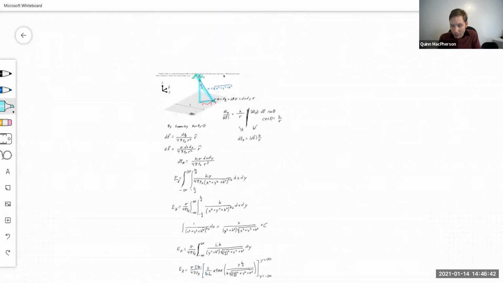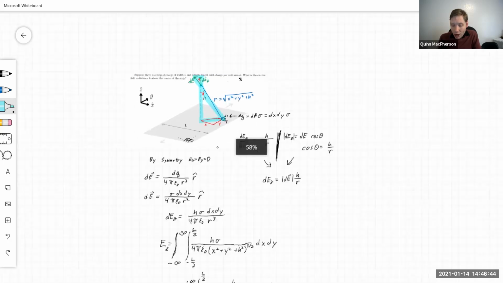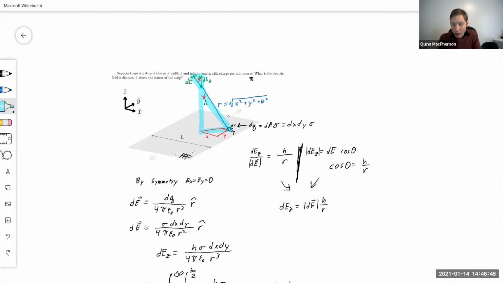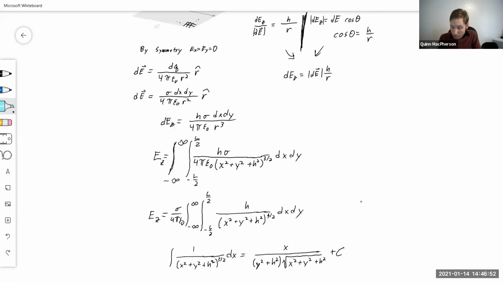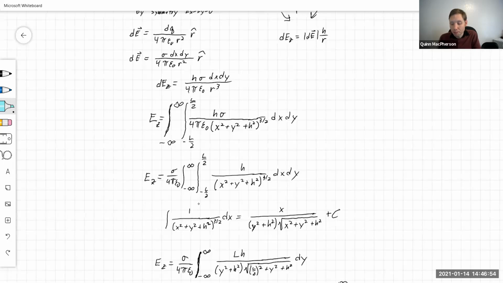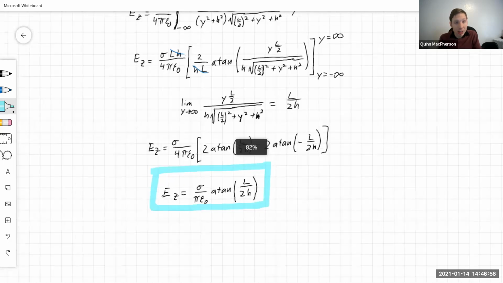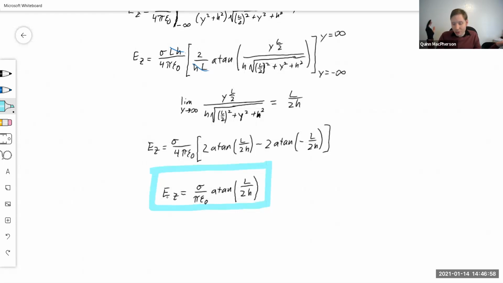So the original problem is we had this strip of charge, and we were trying to find the field here. And the strip has charge density per unit area of sigma. So if sigma goes to 0, E goes to 0. Sure, if there's no charge, there's no E. If H gets big, meaning you're a long ways away, you get a small thing in the arctangent, which also gives you the arctangent gets small, and then you get 0.